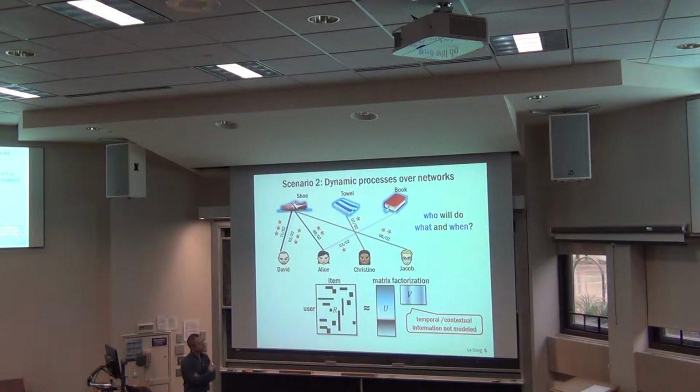And in order to obtain a descriptor for the user and a descriptor for the item, I'm going to approximate this sparse matrix R by the product of two low-rank matrices, a U matrix and a V matrix. Each row of U is going to be the descriptor, embedding, or vector representation for the user, and each column of V is going to correspond to one item.